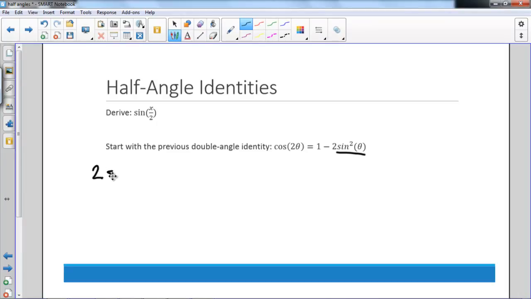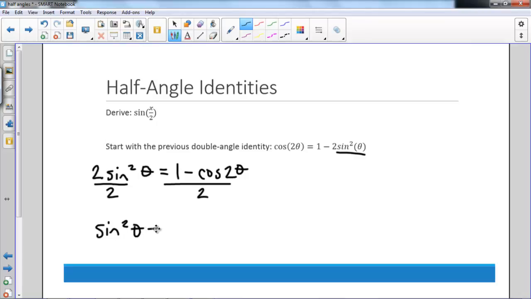So I'm going to move 2 sine squared theta over to this side, and then I'm going to move cosine of 2 theta over to the other side of my equation. So now I need to get rid of this 2, so I'm going to divide both sides by 2, and I'm going to get sine squared theta equals 1 minus cosine 2 theta divided by 2.